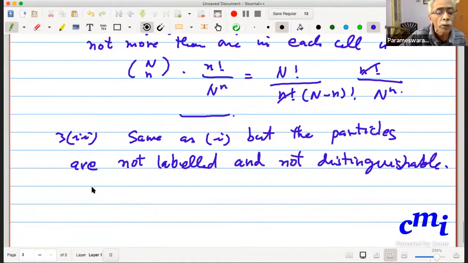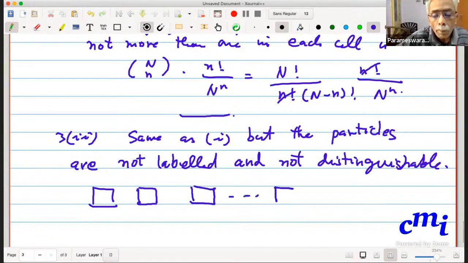So, for example, if you have something like this. Previously, if the particles were labeled and you had it like this, now this must be viewed as 2, 1.